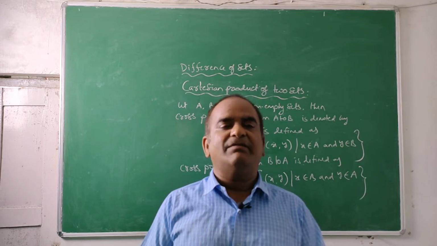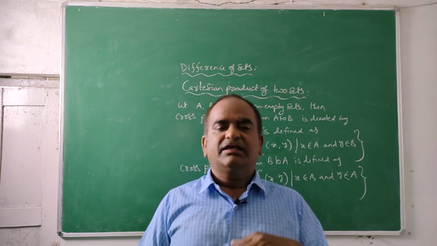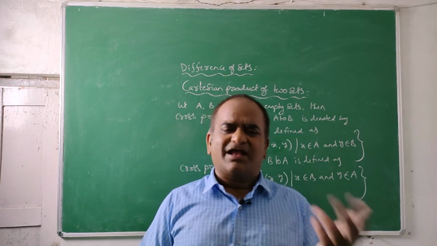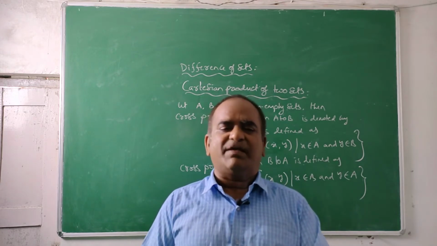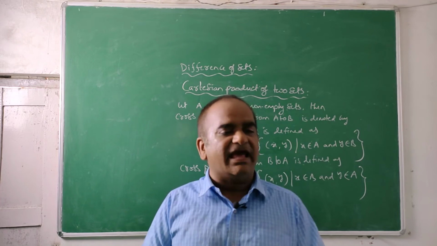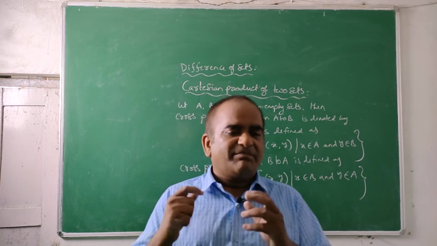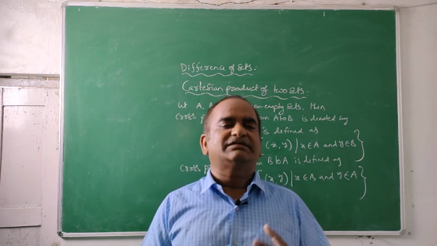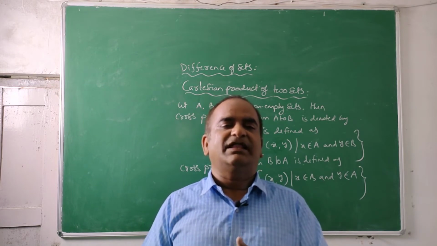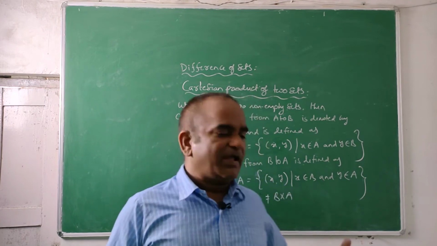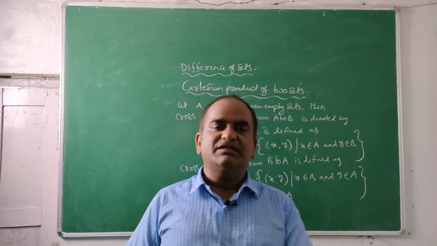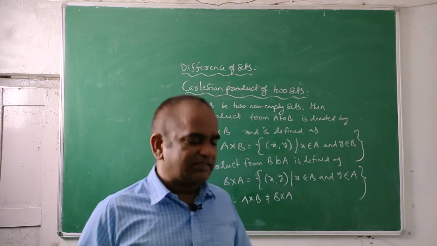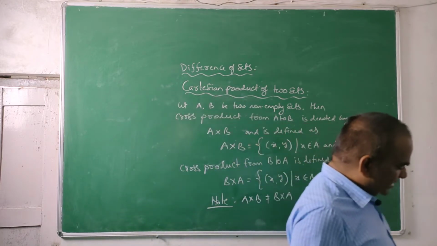Ordered pairs are the elements in B cross A. Even in A cross B or in B cross A, ordered pairs are the elements. It is very clear. Now in B cross A, in every ordered pair, the first element is taken from set B and the second element is taken from set A. And finally, A cross B is not equal to B cross A. They are different. Please understand this.